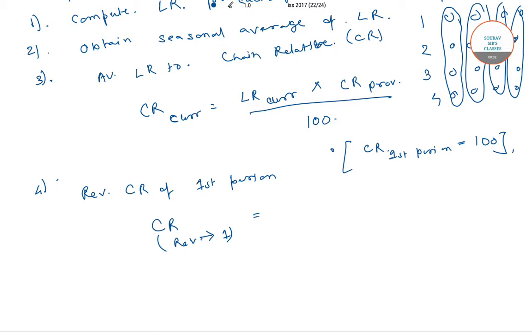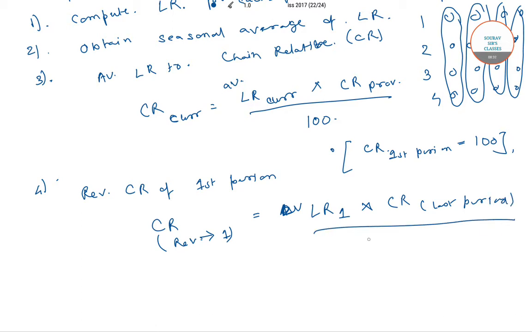It is equal to the average link relative of the first period into the chain relative of the last period, divided by 100. So this is the revised chain relative of the first period.